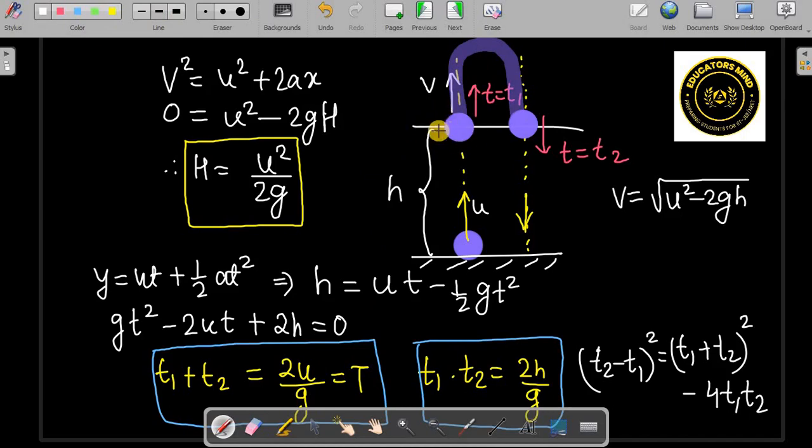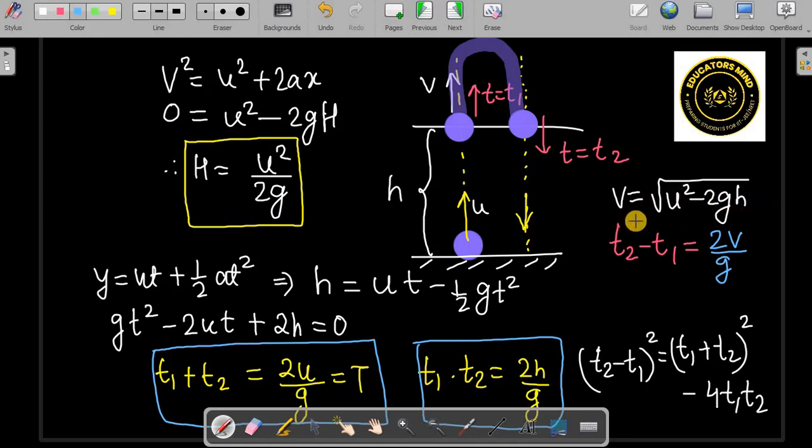And you can shift the ground upward. If you shift the ground upward, then v will become the initial velocity. So T2 minus T1 becomes like the time of flight, which was 2u by g. Here it will become 2v by g, where v is given as root under u square minus 2gh.